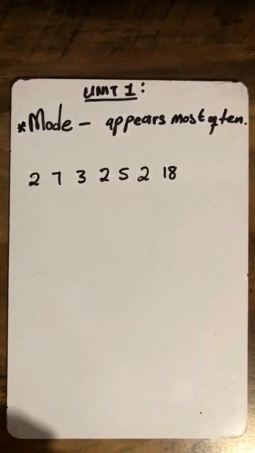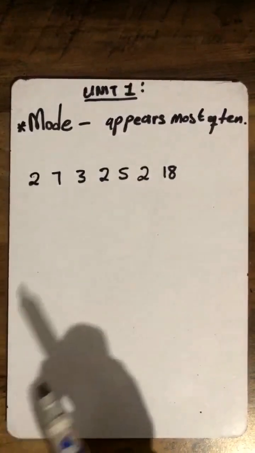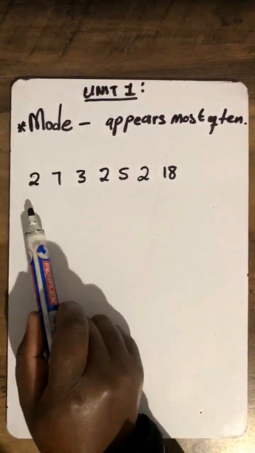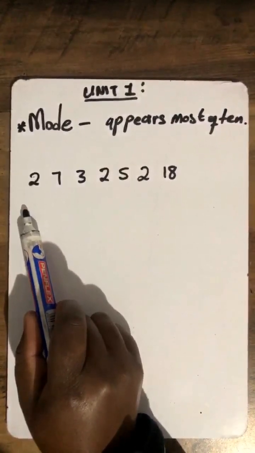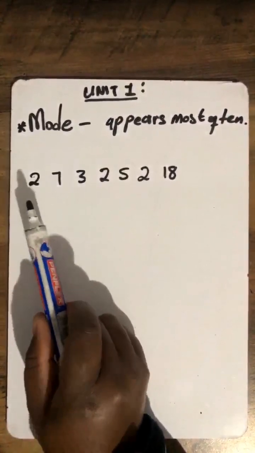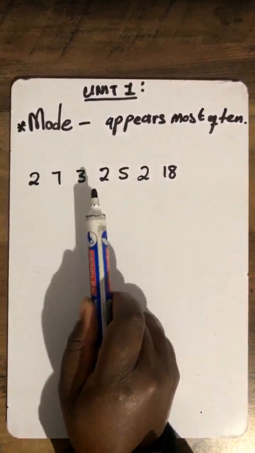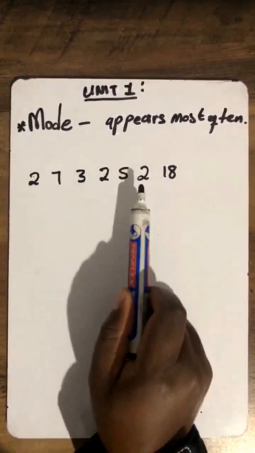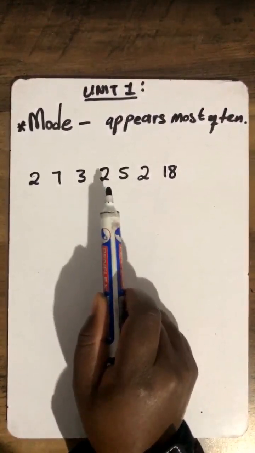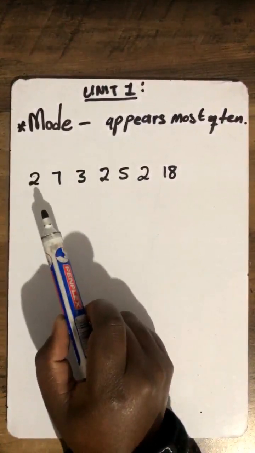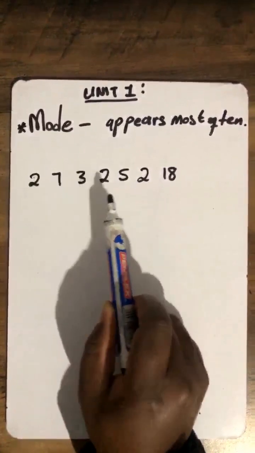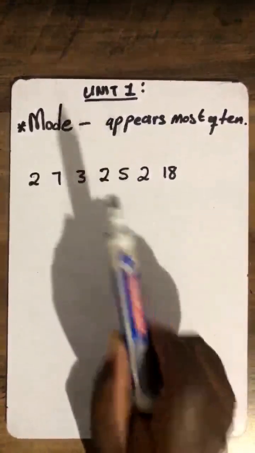It's like they're saying, what is that value that repeats itself the most? And that value tells us that many learners eat so many times per day. So the mode is that number that repeats itself the most. And that number is 2.